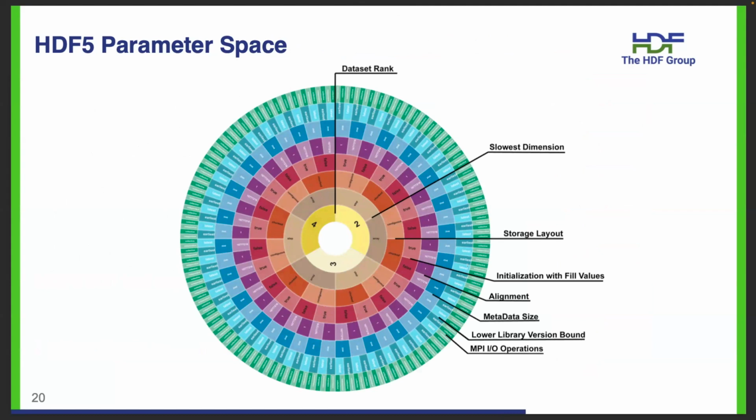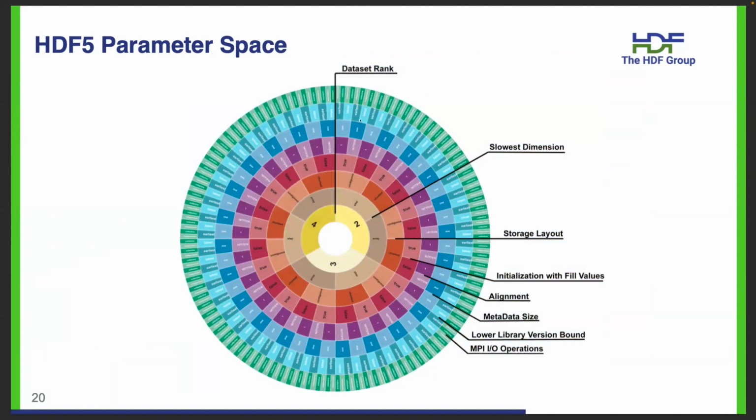Along the circle you have different parameters that get changed, and it will investigate along all the radials of the circumference of this circle, and at each ray it will do a different parameter set.